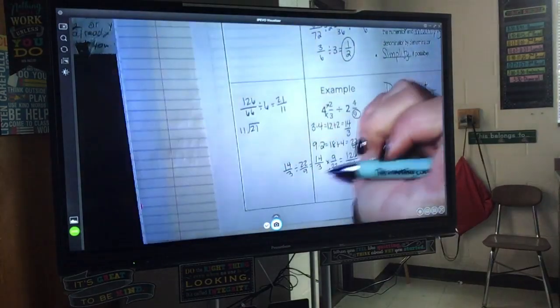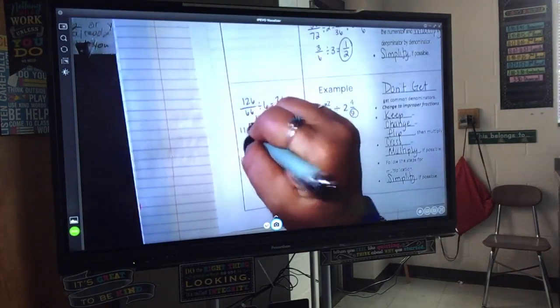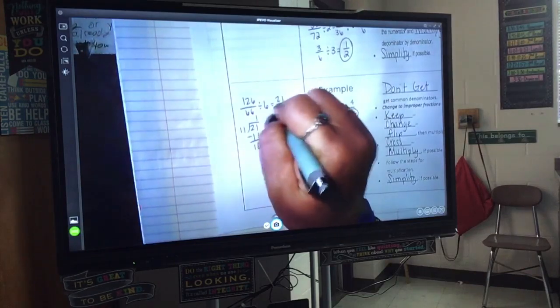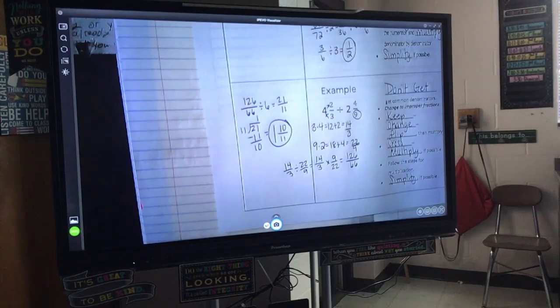All right, so how many times does 11 go into 21? One time. So you end up with 1 and 10 elevenths as your final answer. How many of you guys did it that way? How many of you would have done it a slightly different way? I want to turn it into a mixed number first and then simplify.